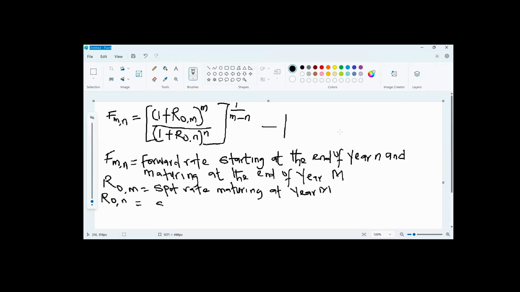R O N, spot rates, starting at year end. Your M is the maturity period.